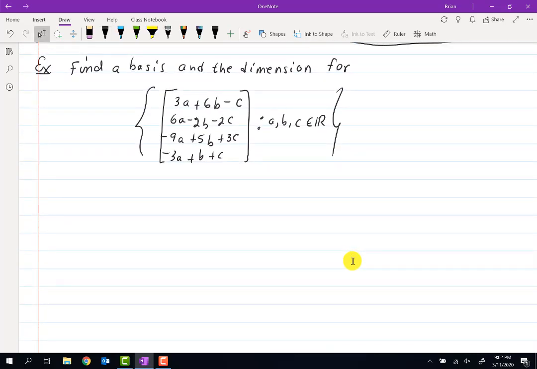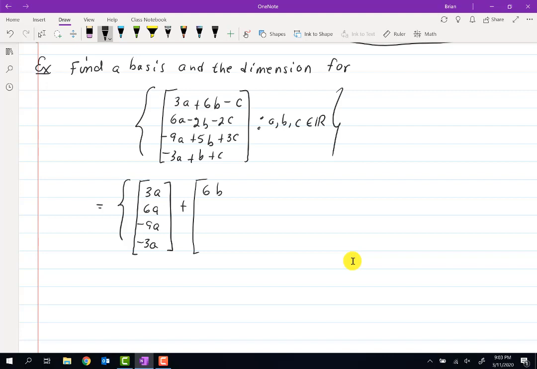Well, if you remember, we could rewrite this in the following format. Let me organize it a little bit here. 3a, 6a, negative 9a, and negative 3a, plus, so I'm just going to break that vector up into the sum of 3 vectors, 6b, minus 2b, 5b, and b, plus, and the same goes with the c's, negative c, negative 2c, 3c, and c.